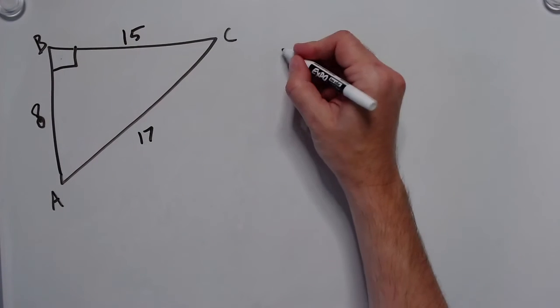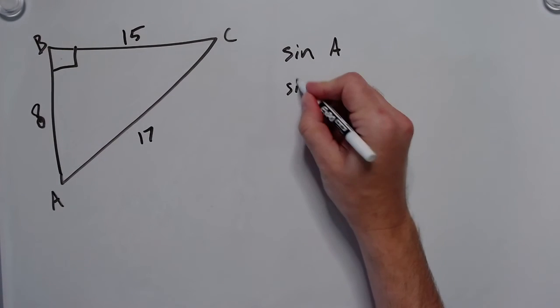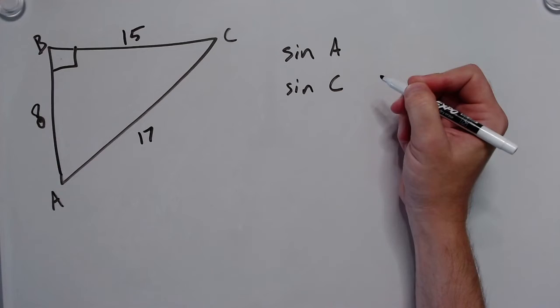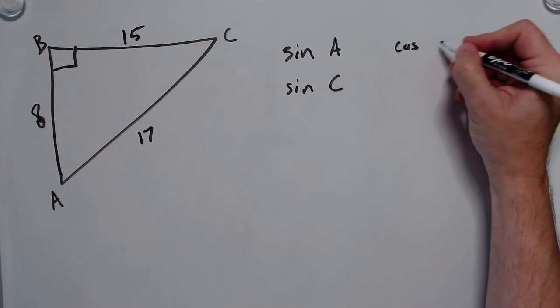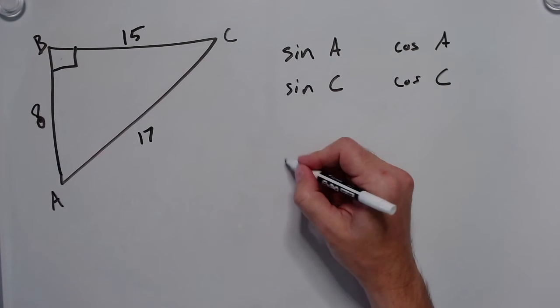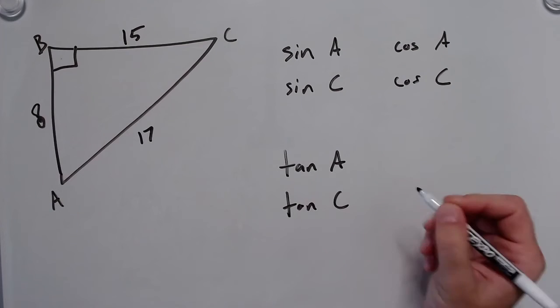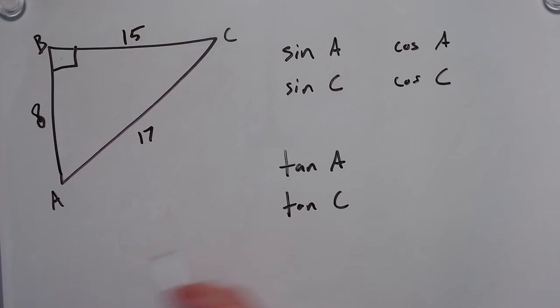So let's find the sine of A, the sine of C, the cosine of A, the cosine of C, and we'll do our tangents down here, tangent A and tangent of C. So remember, sine is the opposite over the hypotenuse.